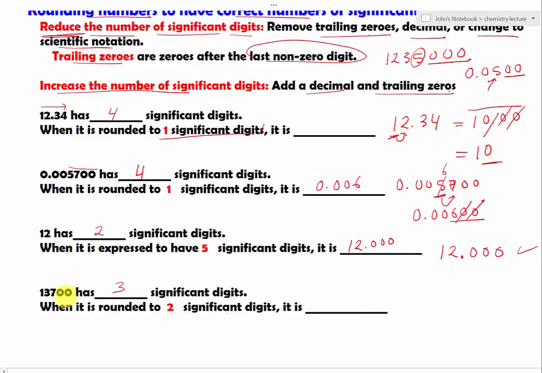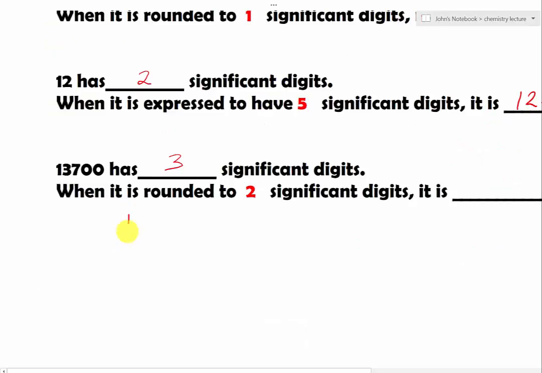We cannot just remove trailing zeros, so we have to actually change to scientific notation. So let's rewrite this number. We have 13700. The first step is to change this to scientific notation. Here is our decimal. We have 1, 2, 3, 4. So that gives us 1.3700 times 10 to something up here.